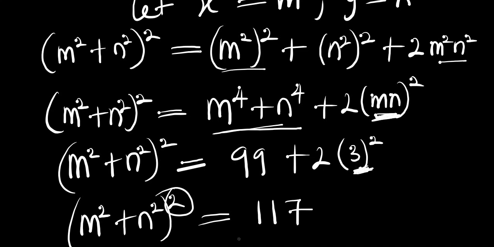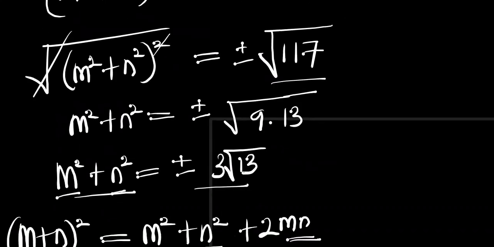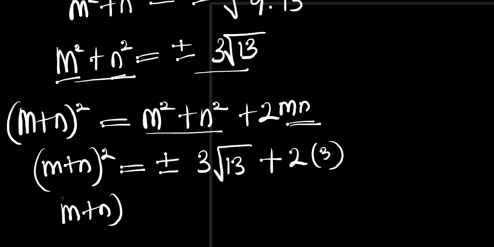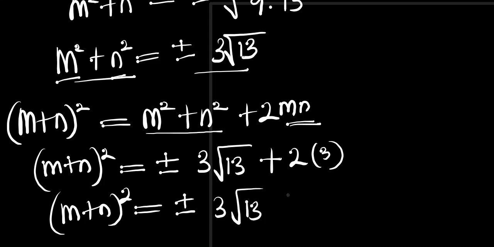So let's replace the m times n here with 3. We have 2 into 3, so (m plus n) all power 2 equals plus or minus 3 root 13 plus 6.